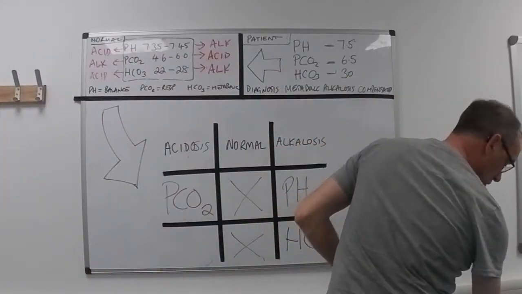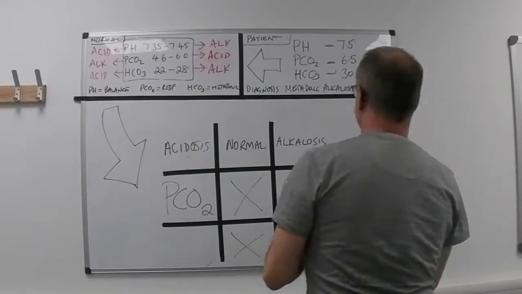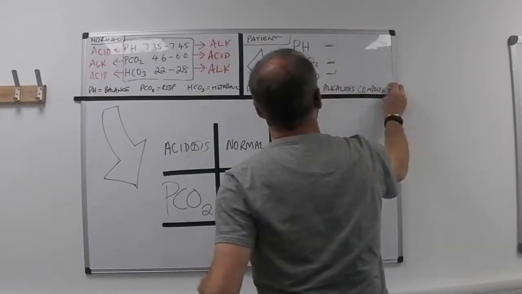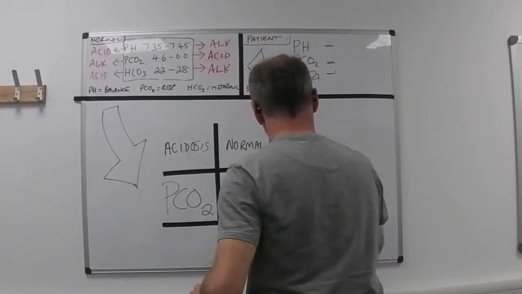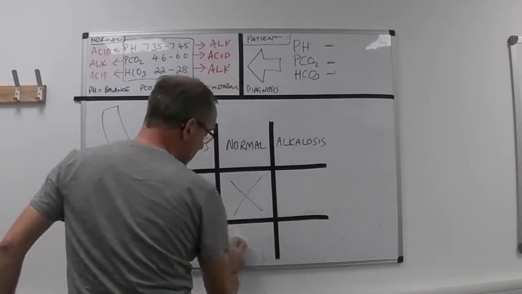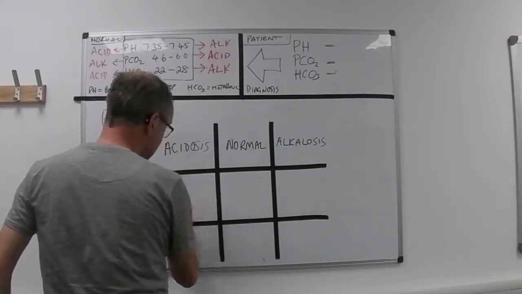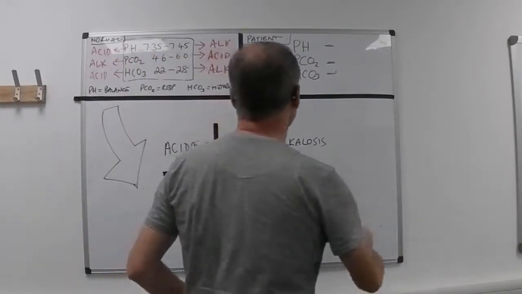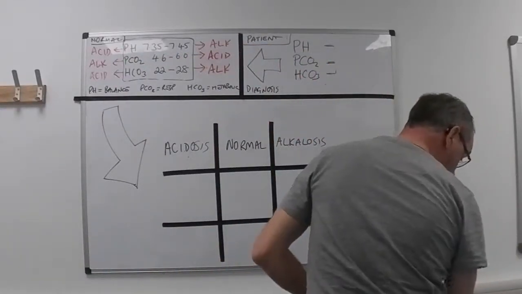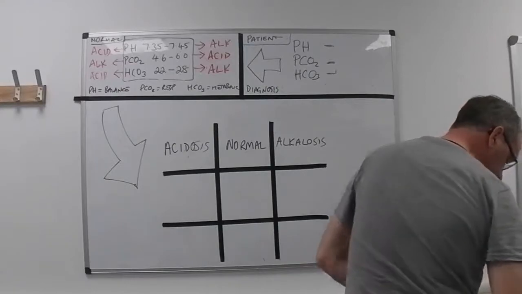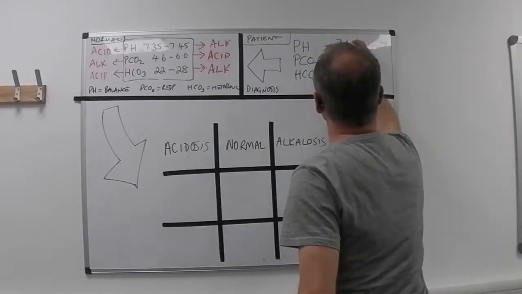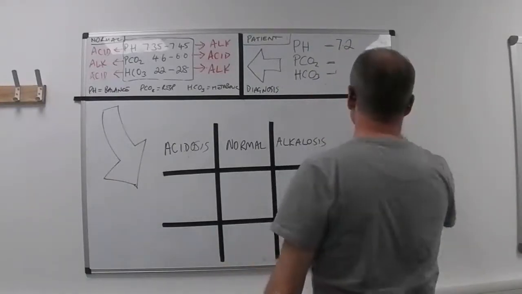So, the final two that I'm going to do for you. If you see these, you've probably got quite an unwell patient. To be fair, a lot of these patients would potentially be quite unwell. This patient comes in with a pH of 7.2.